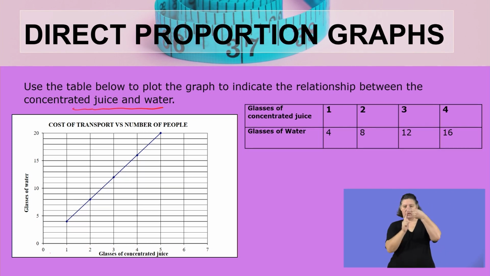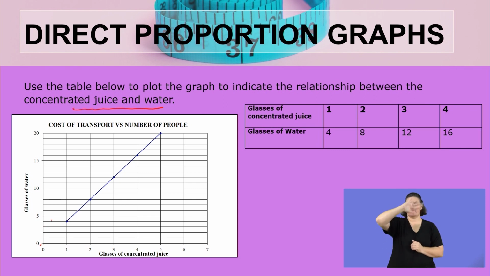You must be able to read your graph. From 0 to 5, you can see that you have 1, 2, 3, 4, 5 lines, meaning that at the bottom, you have the glasses of concentrated juice. If you have 1 glass of concentrated juice, then you need 4 glasses of water.